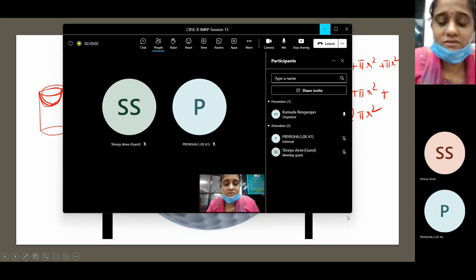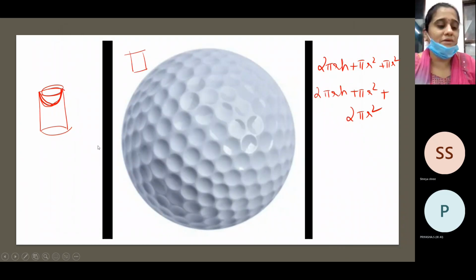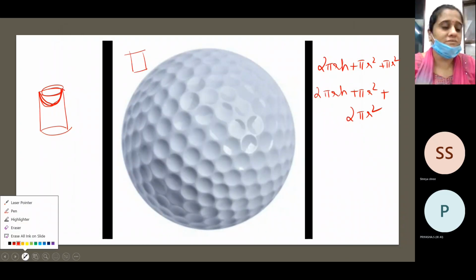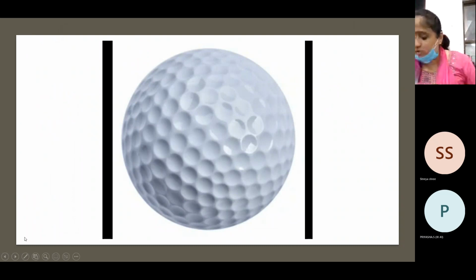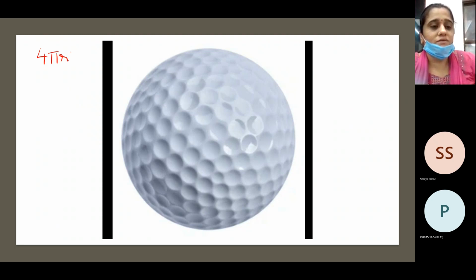Priyasha and Shreyashri. Yes, ma'am. Yeah, Priyasha, tell me the expression to find the area exposed to the surroundings. I'm saying it is 4 pi r square minus 200 into pi r square plus 200 into 2 pi r square.